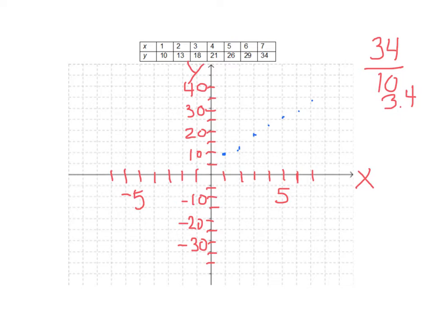All right, so it kind of looks like a line. Although it's actually not going to be an exact line because the increments aren't changing by the same amount each time.